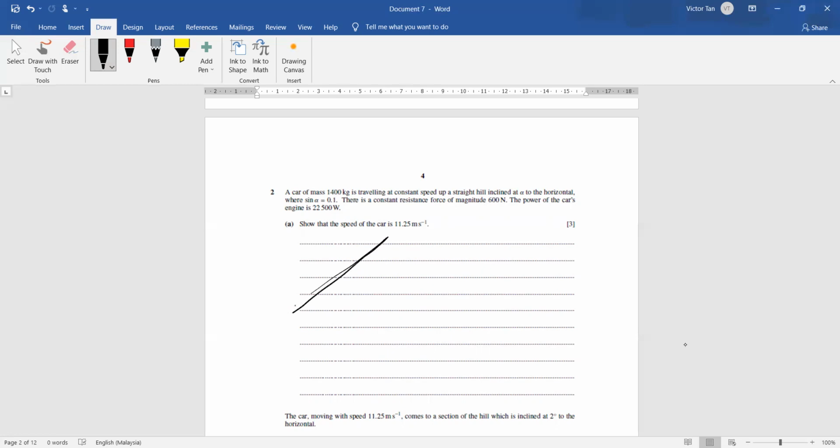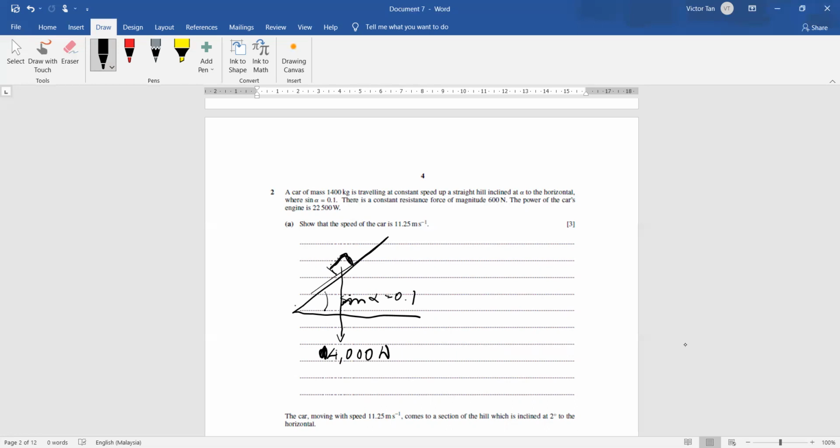So let's draw. Sine alpha equals 0.1. Car is moving up. This is my car. The weight is 14,000 newtons.